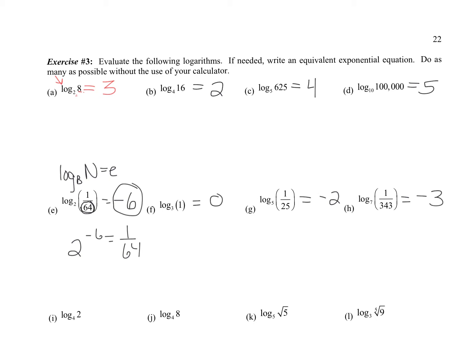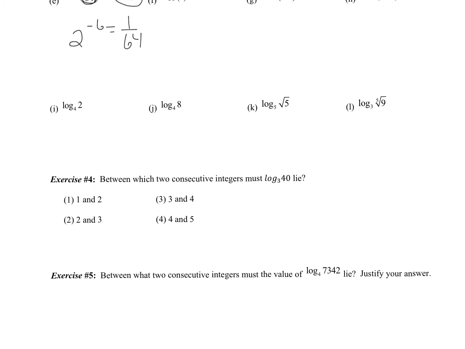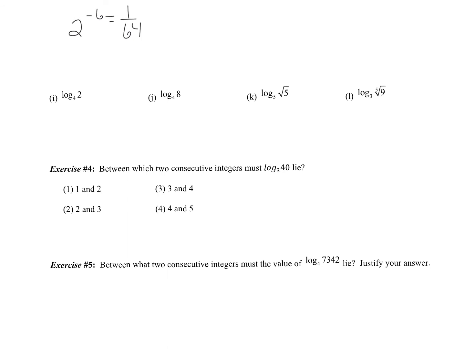Moving down, we have a row that's a little bit more challenging. It says log base 4 of 2. You might be able to figure this one out, but if you're ever stuck, you can always put it in exponential form and think about it, or do common bases. So this is 4 to the x equals 2. Maybe you see it then. If you still don't, you can make common bases. So 4 is 2 squared. 2 is 2 to the first.